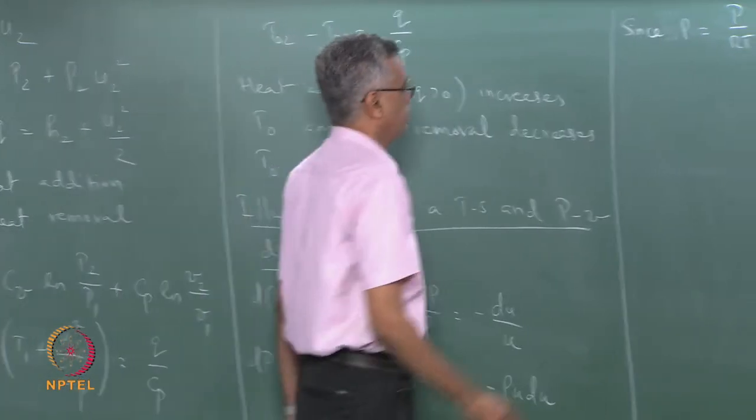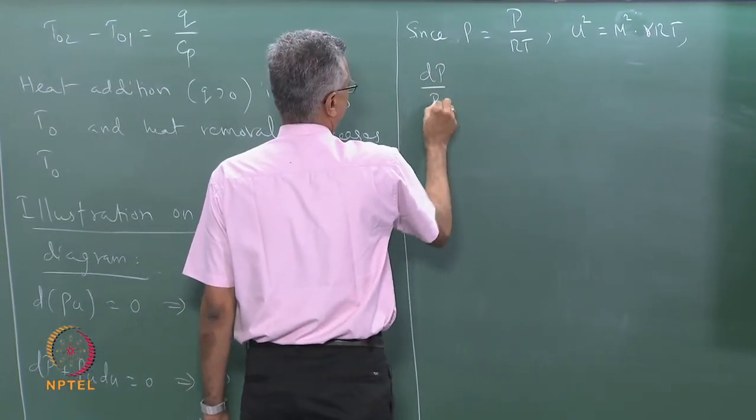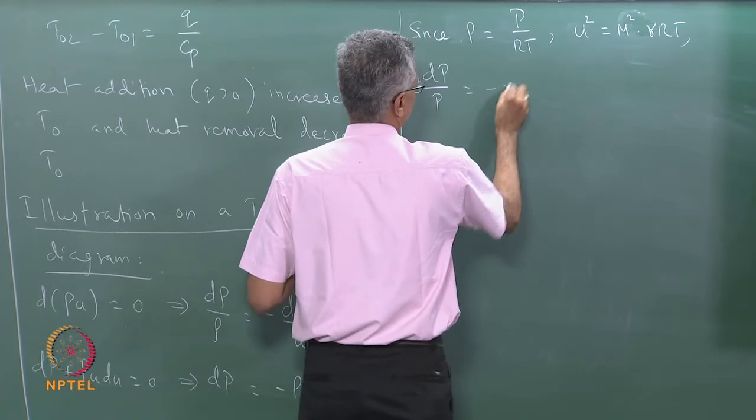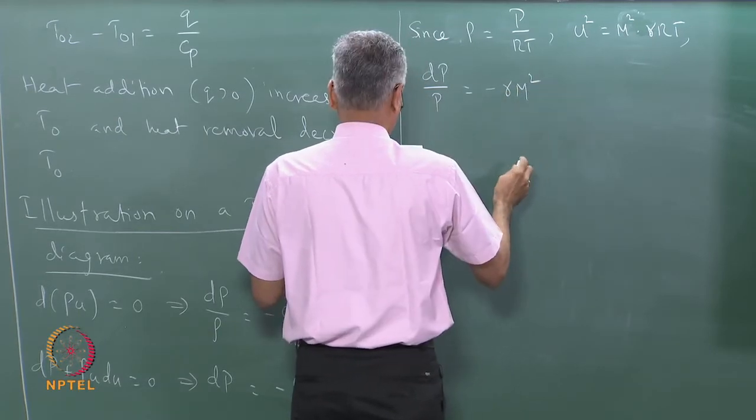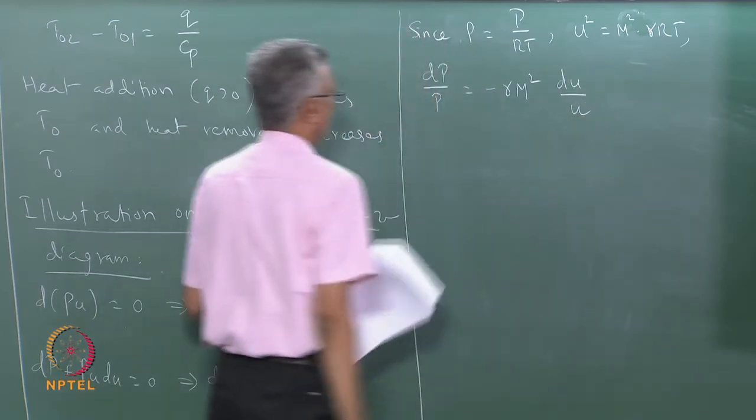So this allows me to rewrite this equation as dP over P is equal to minus gamma M square times du over u.